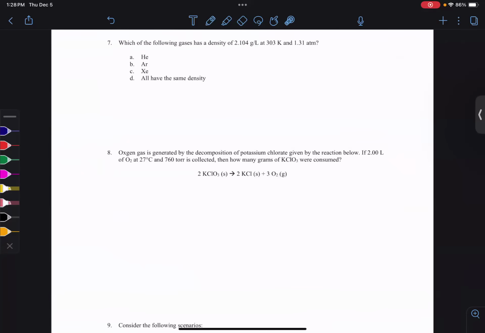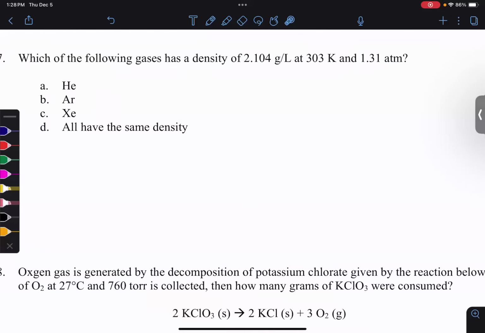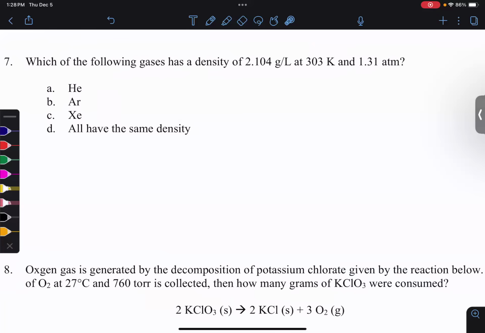So let's do this one real quick. Which of these gases has this density at this temperature and this pressure? All right, so when approaching density, I always let the unit guide me.